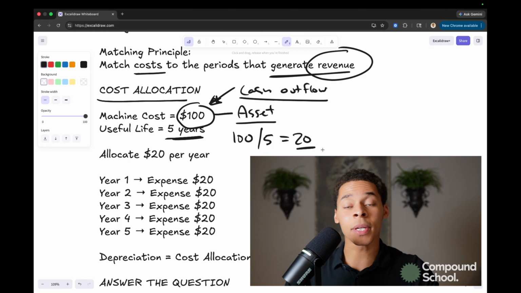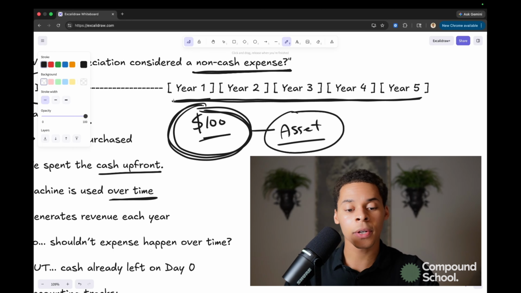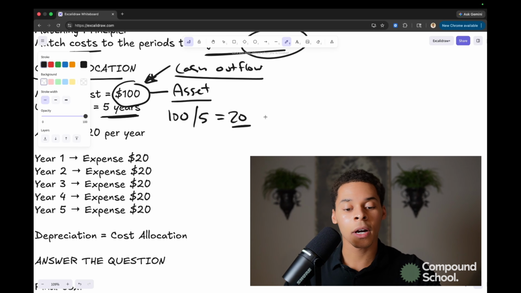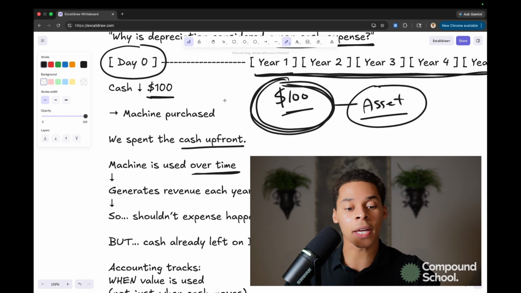And this is going to be the expense that's recorded on the income statement as we use or derive value from this asset. So in periods 1, 2, 3, 4, and 5, up here, we're going to record a related expense of 20 bucks, okay? But it's not cash. Cash left us on day 0 in year 1, okay? As we stated up here.